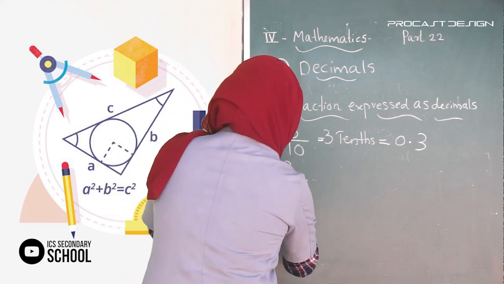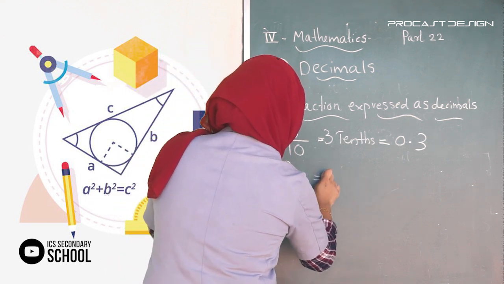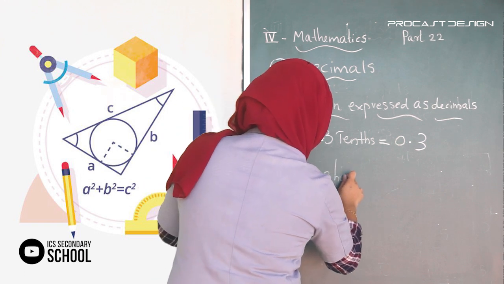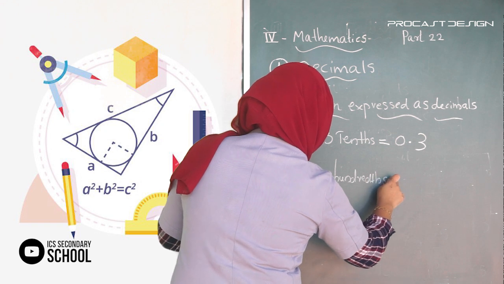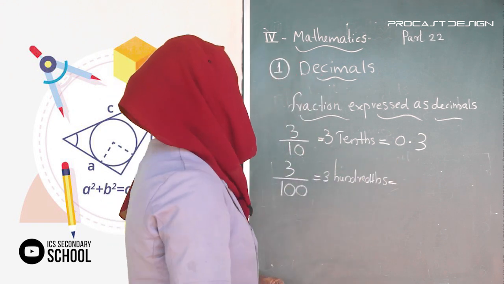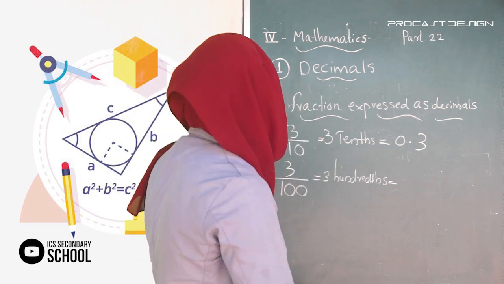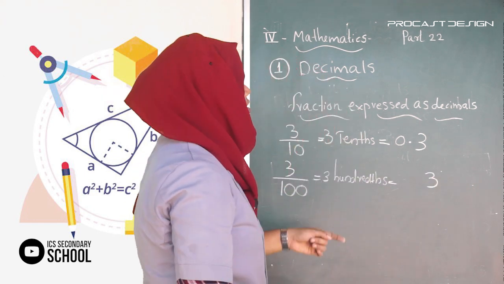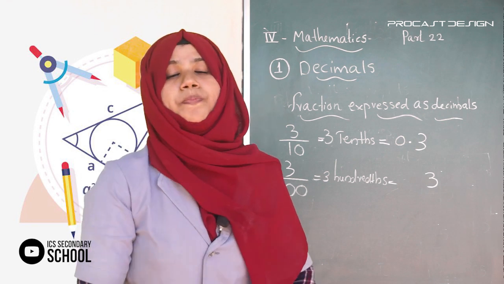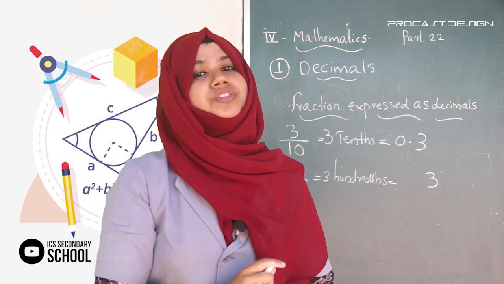Next, the same 3 by 100, 3 hundredths. Here we write the numerator first. Next, how many zeros? 2 zeros. So put the point after 2 digits.